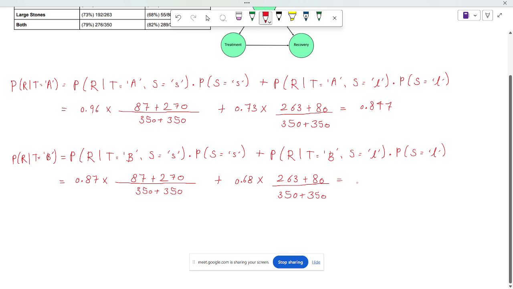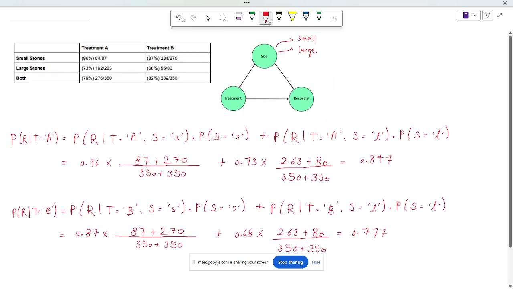Let me quickly compute and add these values as well. So this gives you 77.7% approximately.